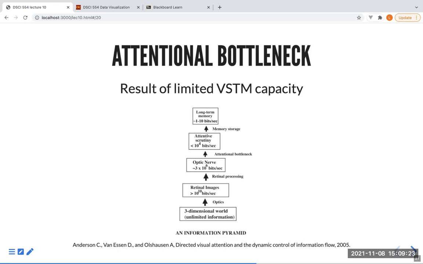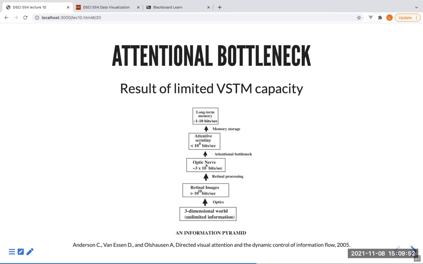So eventually, if you want to store it for long term, then you lose another 3 to 4 orders of magnitude in terms of the number of bits per second that you're actually able to store. But for us, what is important is really the size of the VSTM. When you use attention, you don't have a choice, right?